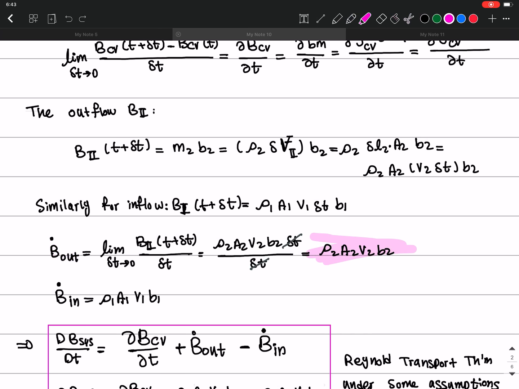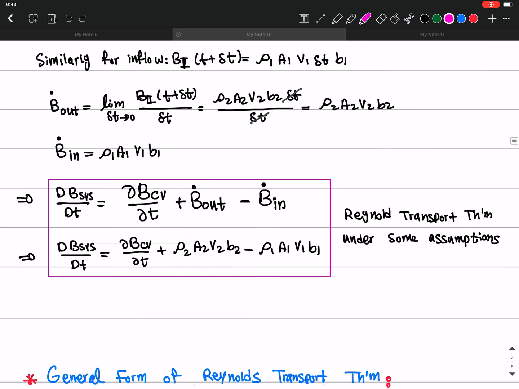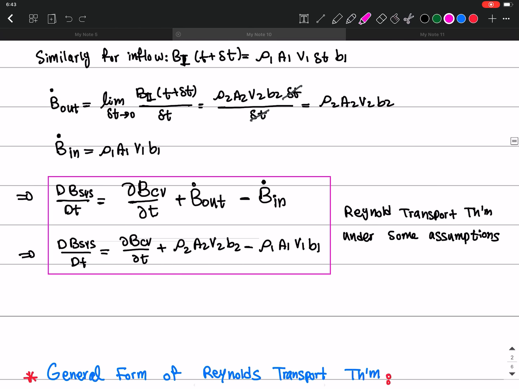We found that it's going to be this, and then for inflow this is going to be this. And then we wrote the Reynolds transport theorem in one-dimensional form under some assumptions, which is dB_sys over dt equals partial B_CV over partial t plus how much flow goes out, b dot out, the flux out of the system, minus the flux into the system.